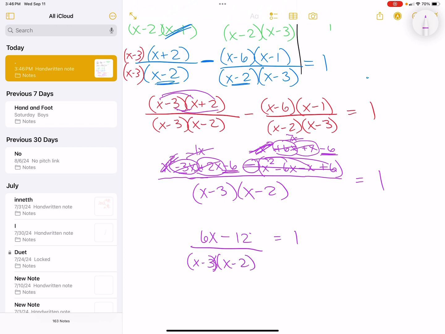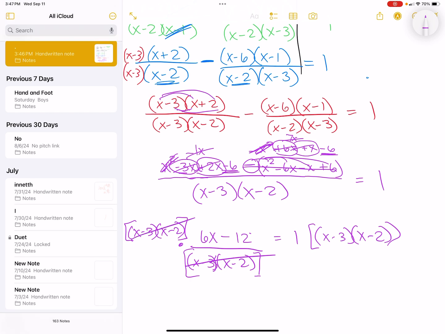So if I then multiply this whole thing by (x - 3)(x - 2), multiply this by (x - 3)(x - 2), that's gone. And you have 6x minus 12 equals (x - 3)(x - 2).